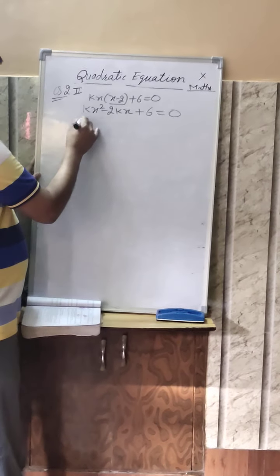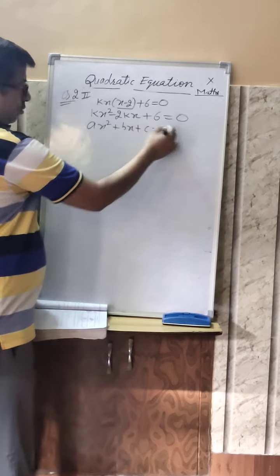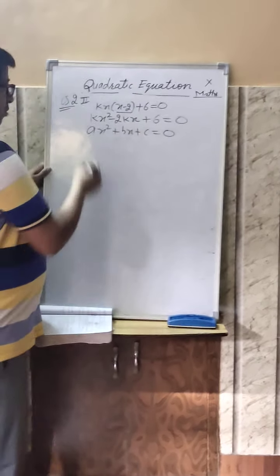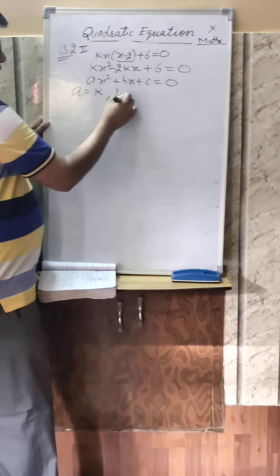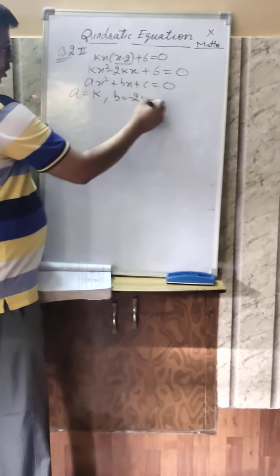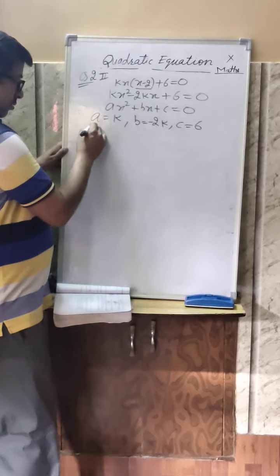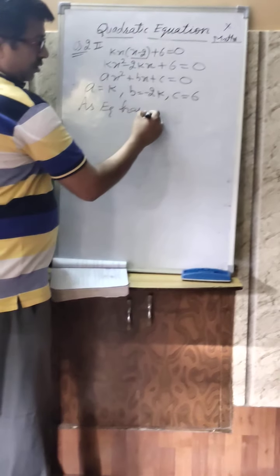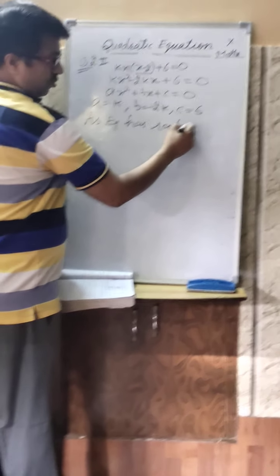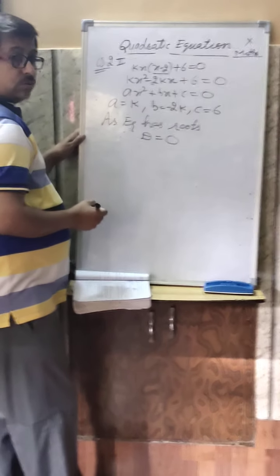Understand? Now you compare with the standard form, ax square plus bx plus c equal to 0. So now what is a? Therefore a is equal to k, b is equal to minus 2k, c is equal to 6. So as the equation has equal roots, therefore D equal to 0.